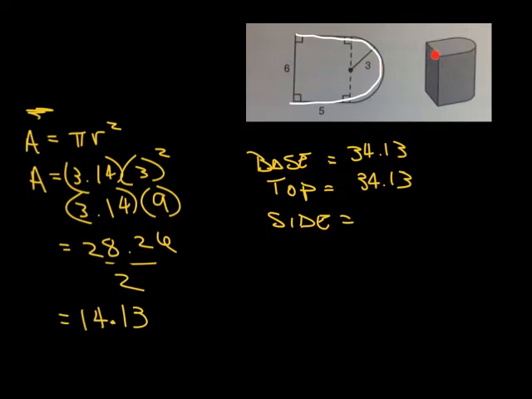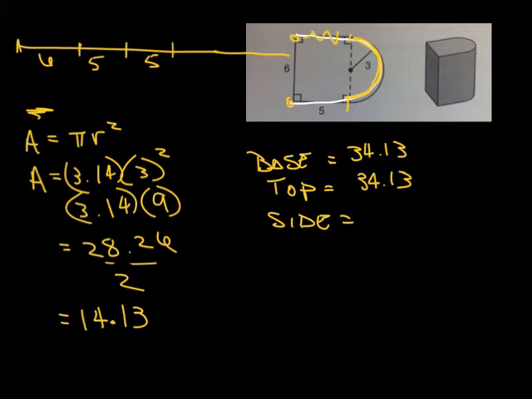So if we were to undo this whole thing and make one long line like this, from here to here is 6. That would be this distance. And then we've got a 5, so this is 6, this is 5. And then we also know this up here is 5. What we don't know is this distance here. So now we're looking for the circumference of that circle.